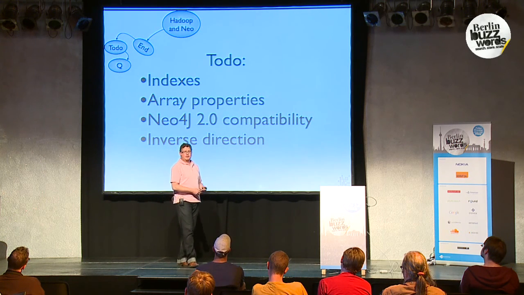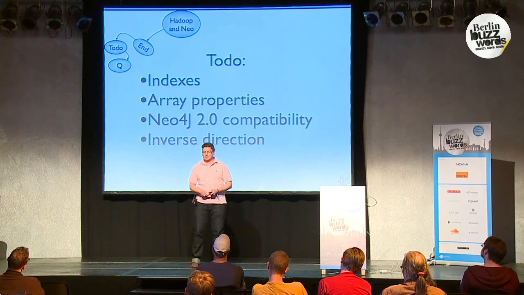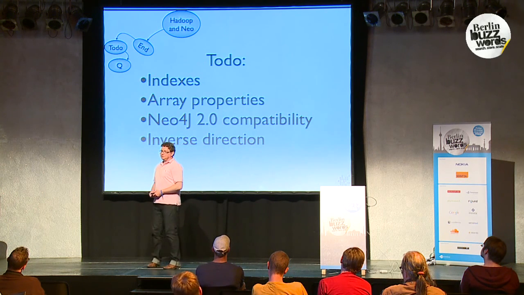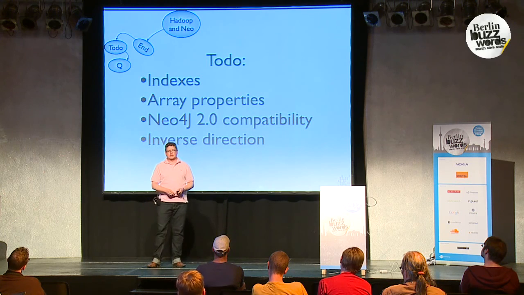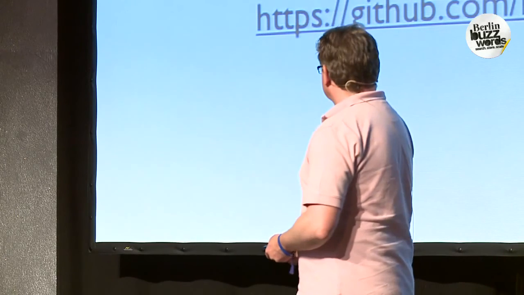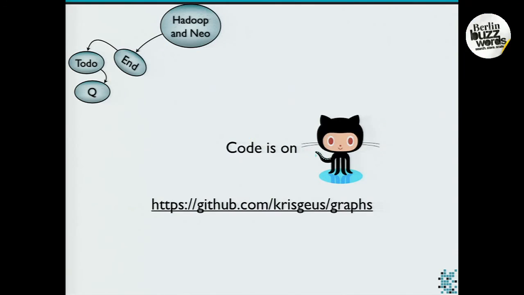So we have the Neo4j file structure and create something relational or tab separated from that to do global graph analytics on the Hadoop cluster. So those are the things that we can work on. The code is on GitHub, so if you want to use it, please do. And if you have requests of things you want built in there, let me know.